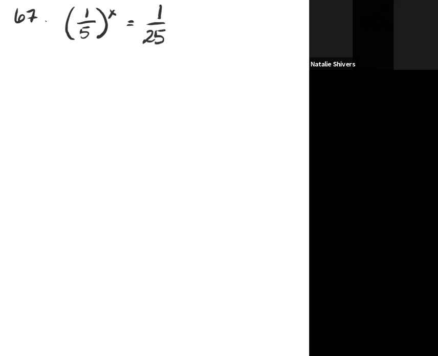Okay. So if you're really good at this and you've taken logarithms and exponentials before, great. You might be able to solve this a little bit differently. But if you haven't, or you're not really strong at it, again, I'm going to recommend base 5. Okay. So here on the left side, in order to make it base 5, we need to flip this 5 back up top. Well, the only way to do that is to make it negative.